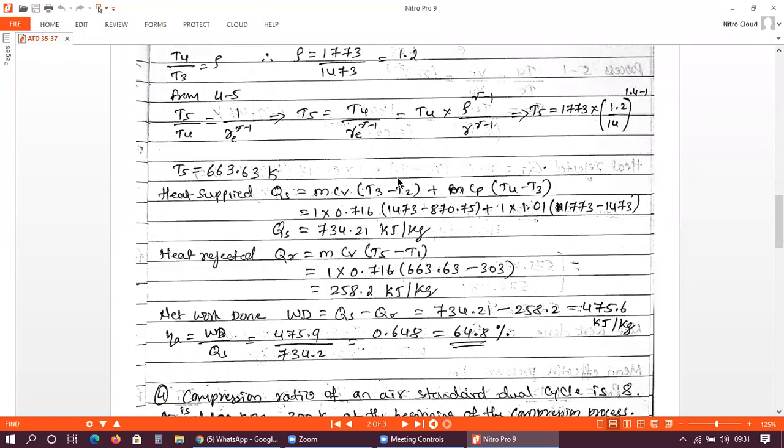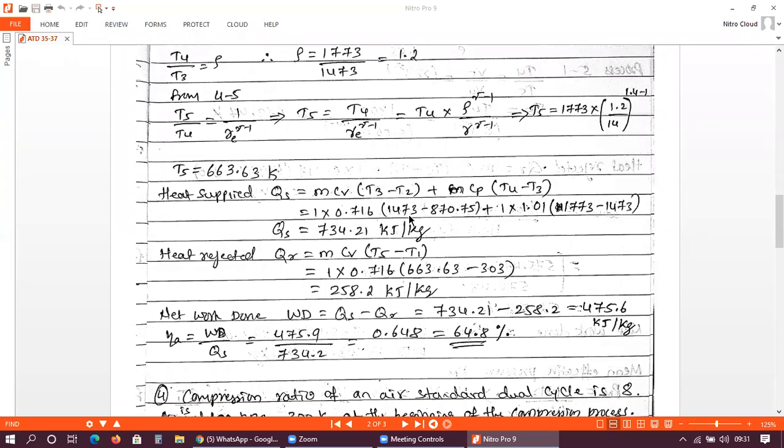Okay, so now substitute these values here. The mass of the air is 1 kg. The Cv value is already given, 0.716.